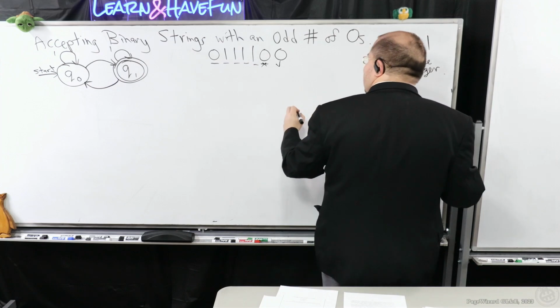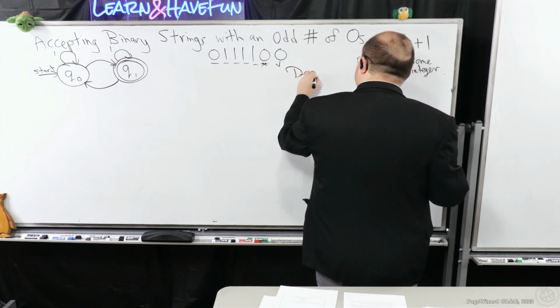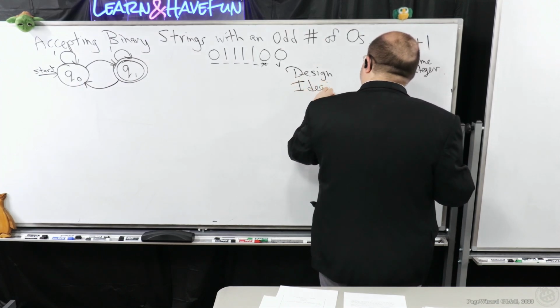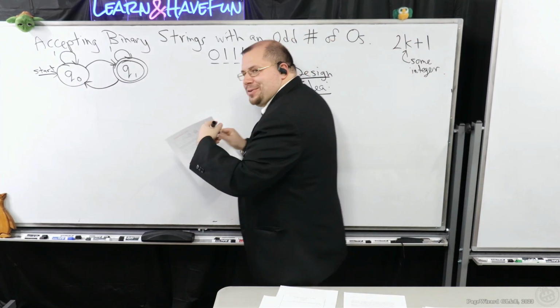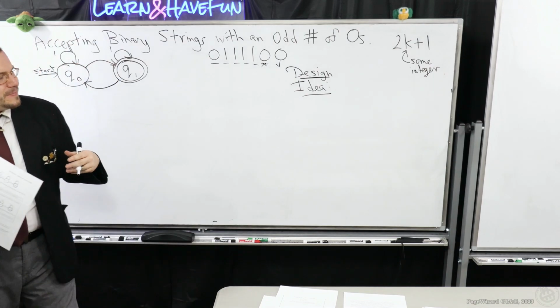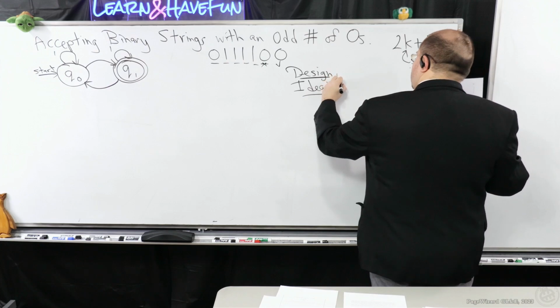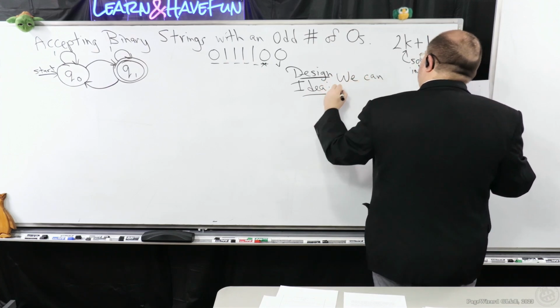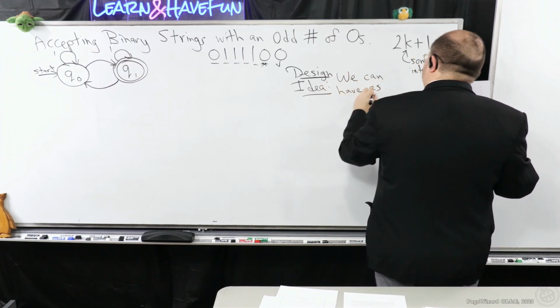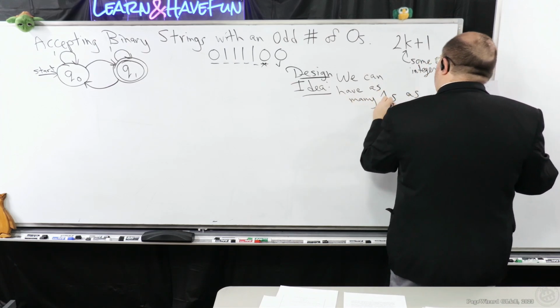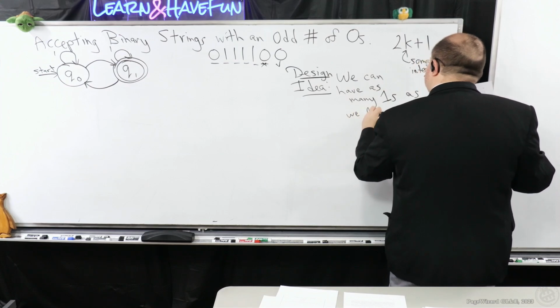So here's the design idea that I have in mind. You can think of me like the Wizard of Oz, behind the cloak thinking about how I could design this thing. So we can have as many 1s as we like.